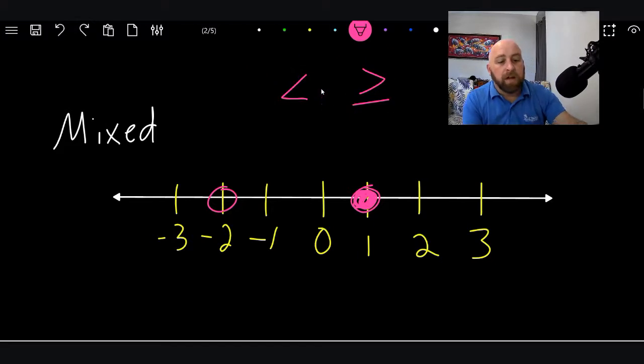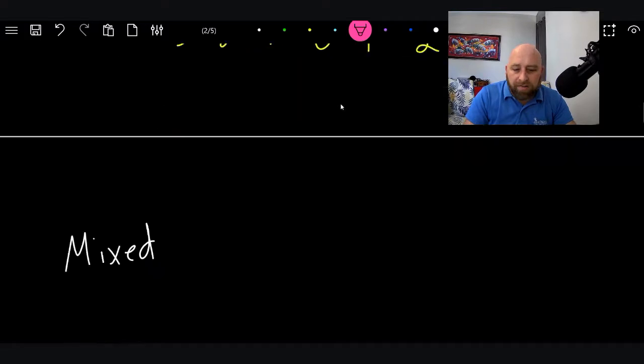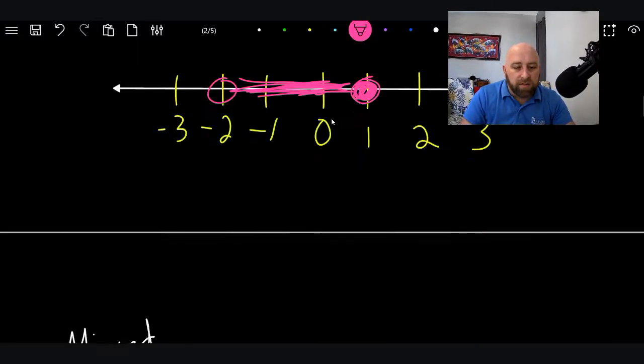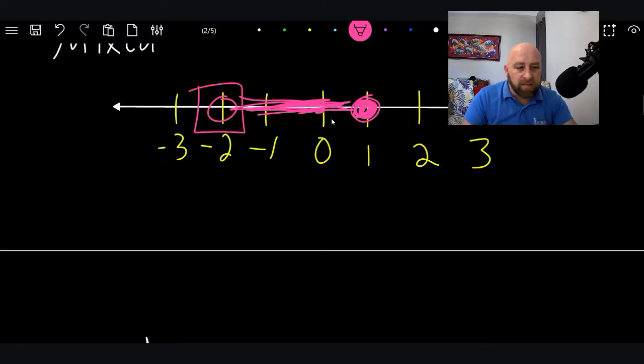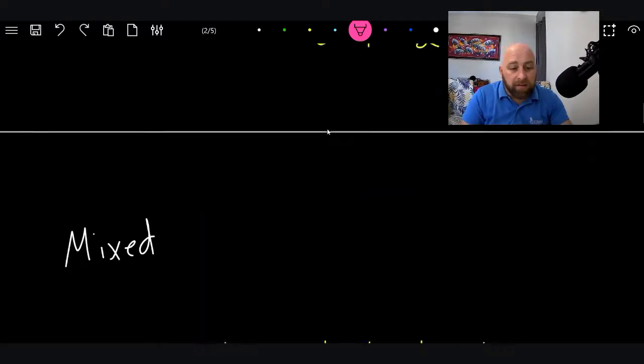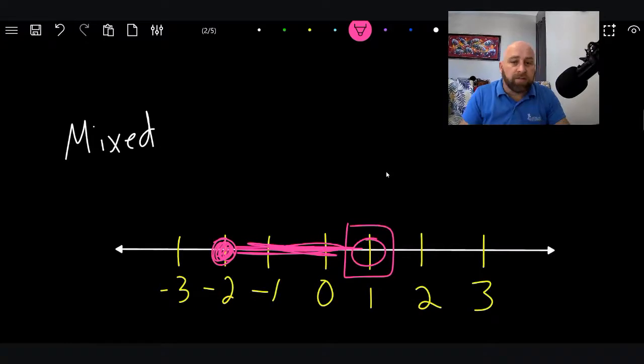When we have one sign that's not equal to and one sign that is equal to, this one is called mixed, and we would draw our interval here in the middle. You could also have mixed going the other way, if the 1 is open and the -2 is closed. So the mixed can go either way. In this one, the -2 is open, and in this one, the -2 is closed. In this one, the 1 is closed, and in this one, the 1 is open. Whenever you have one open and one closed, it's called mixed.